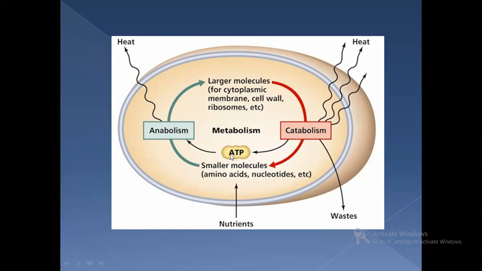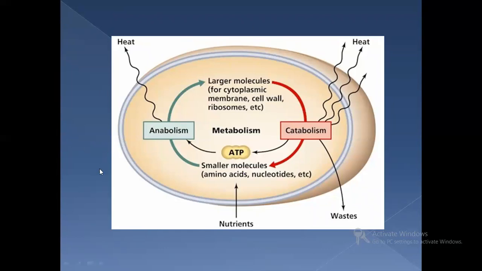ATP is nothing but adenosine triphosphate, which is a means of energy. And these ATP molecules as well as the smaller molecules in turn go to the anabolic phase, where the smaller molecules are built up by consuming this ATP and are made into the larger molecules.